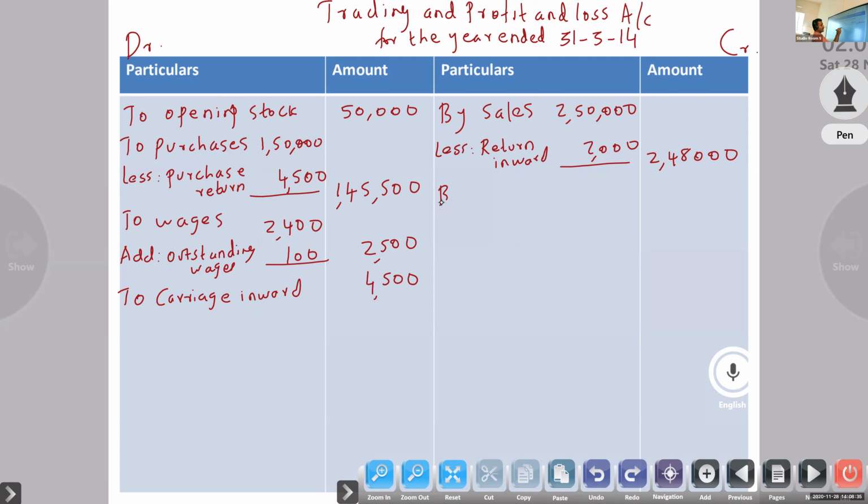Then by closing stock, it is given in the adjustment, 32,500. Okay, now we have to balance.